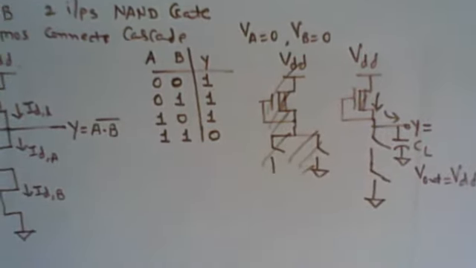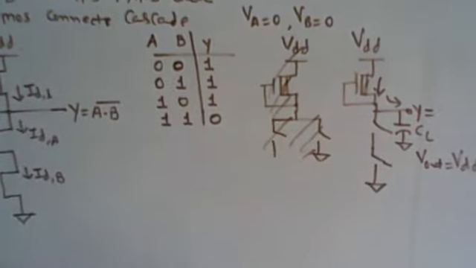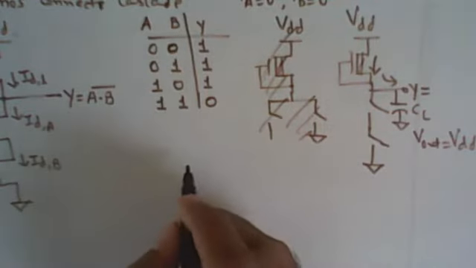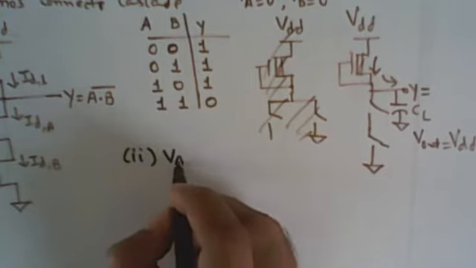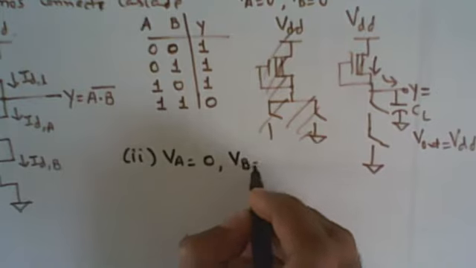Now let's take another case, when the input is 0 and 1. Case number 2: VA is equal to 0 and VB is equal to 1.